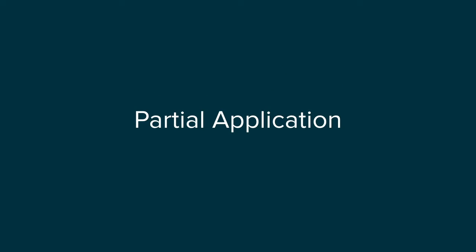So first we'll touch on partial application because it's kind of like the parent to currying. In the functional world, to call a function, the fancy way to say it is to apply it. And you'll find that the function prototype in JavaScript actually has a method called apply.